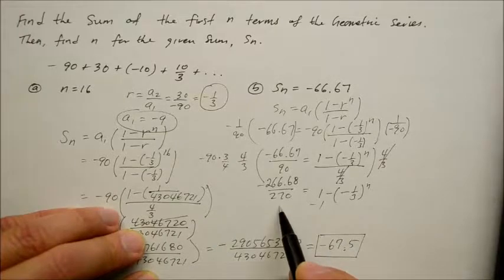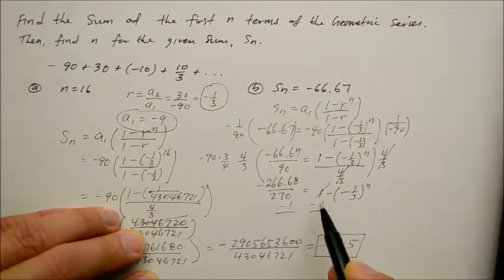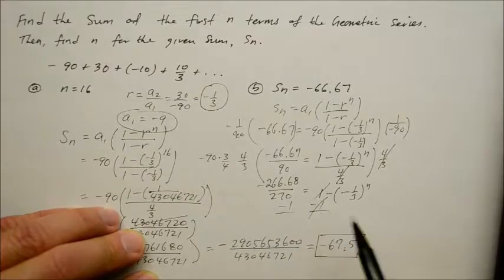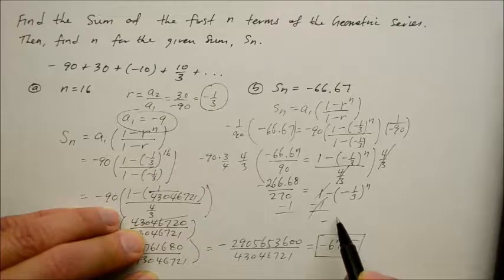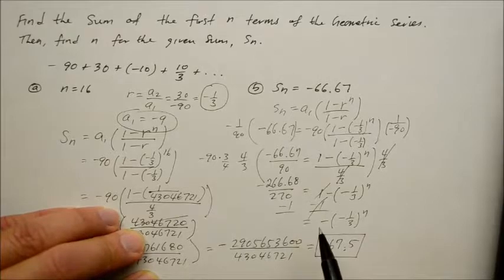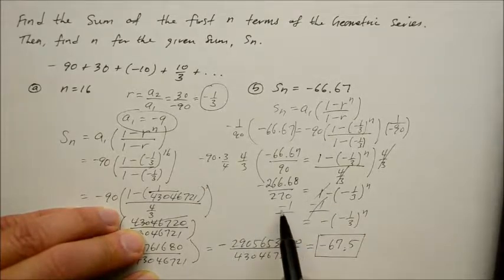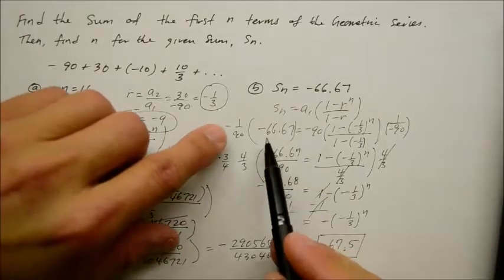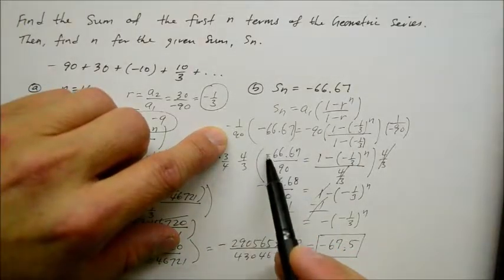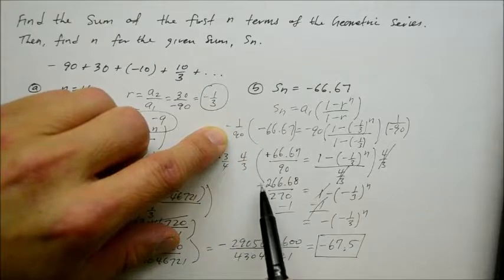Yeah, it's getting messy, isn't it? So the 1 on the right and its additive inverse cancels out, leaving me with just negative times the quantity negative 1/3 raised to an nth power. And on the left side, isn't negative 1, oh, I'm sorry, again, negative and negative here becomes positive. Okay, that's a positive.